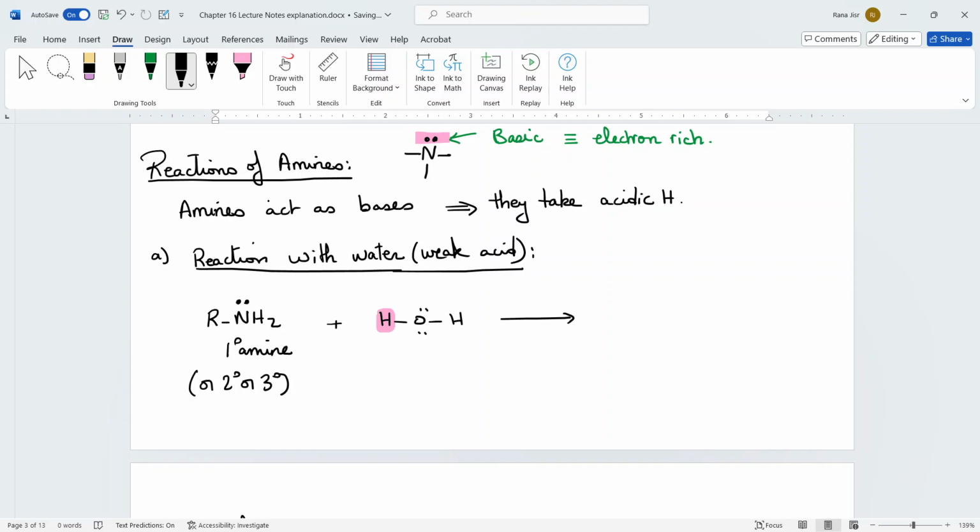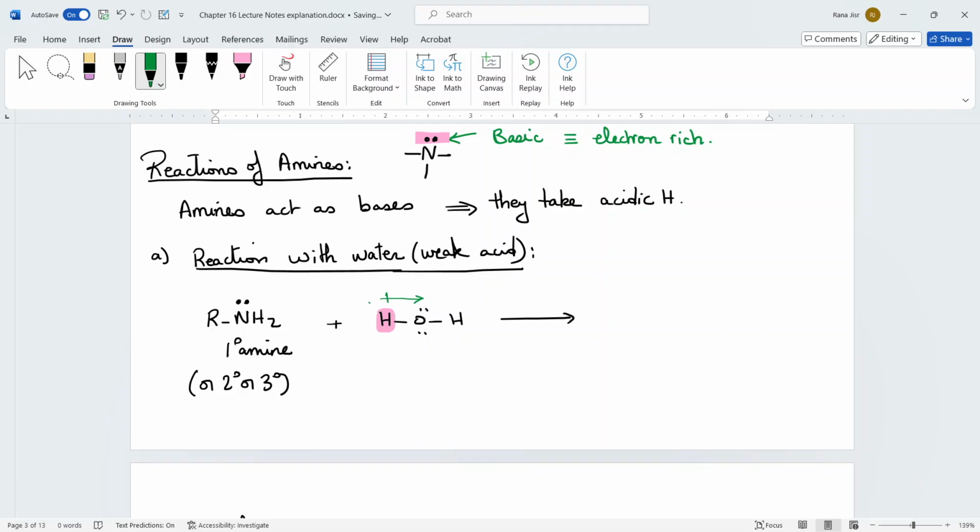Now, in order to lack electrons, if we apply the rules for the flow of electrons or the direction of polarization, I know that oxygen is more electronegative than the hydrogen. So this means that the oxygen is going to take electrons from the hydrogen, and it's going to make this hydrogen electron poor.